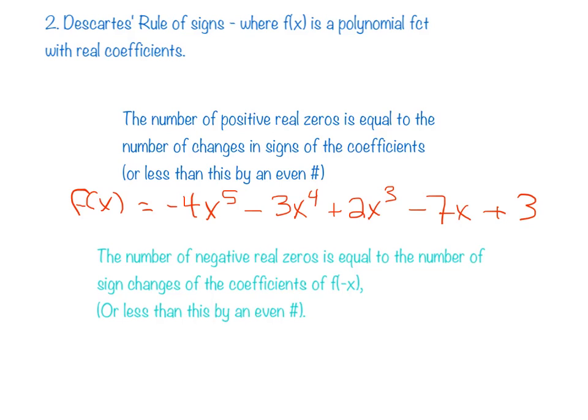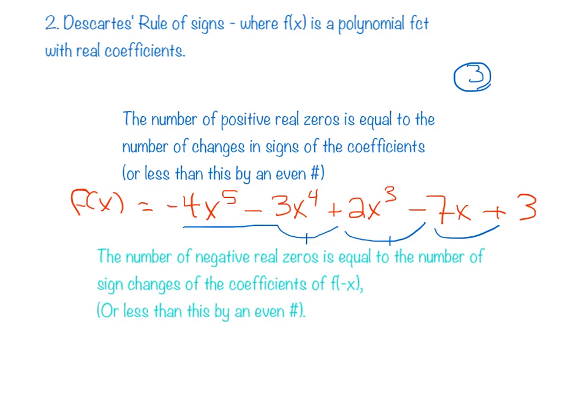If we count the sign changes here, we're starting with a negative, stays negative, up goes positive. There's one sign change. Up goes to a negative. There's another sign change and goes to positive. So there are 3 sign changes in this particular polynomial function.